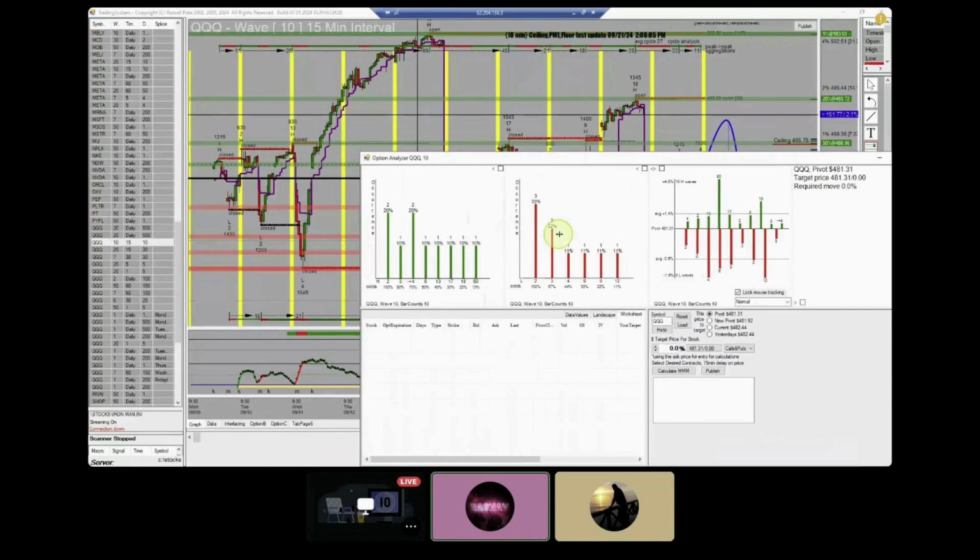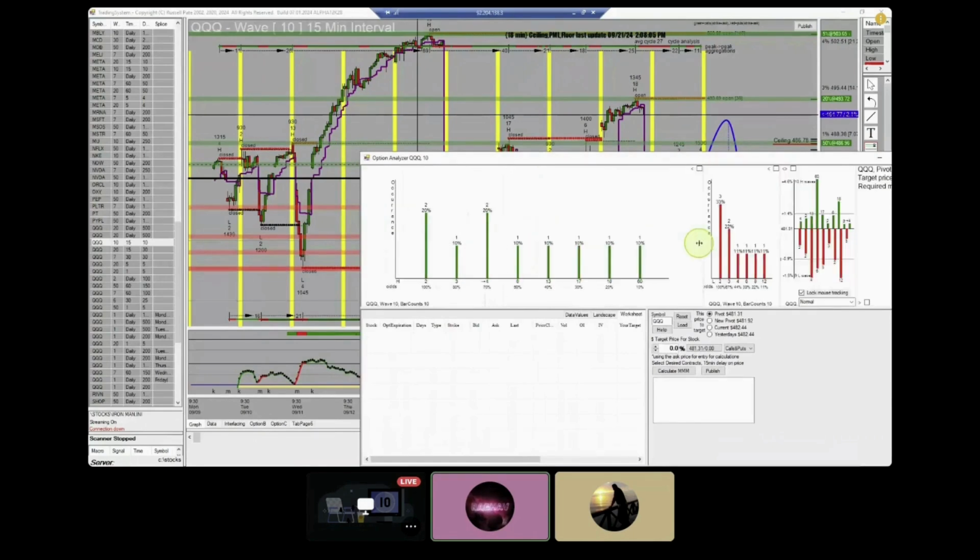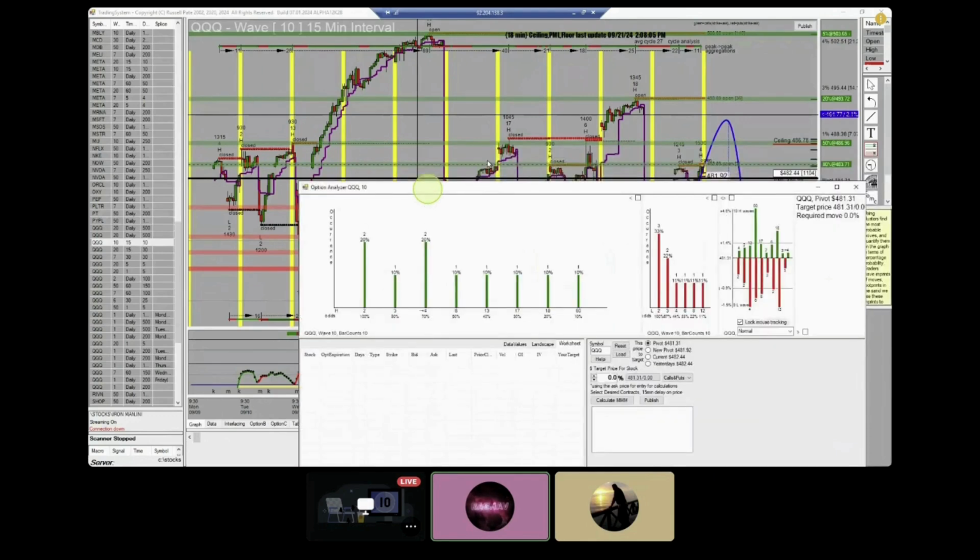Okay. I'm going to maximize this. Right here, it tells you that there is a 100% probability of forming H2. You know, when you see transition above the pivot, then you see H1.